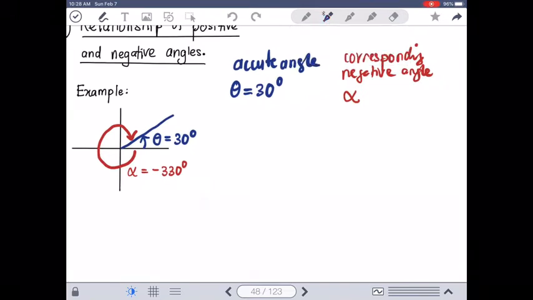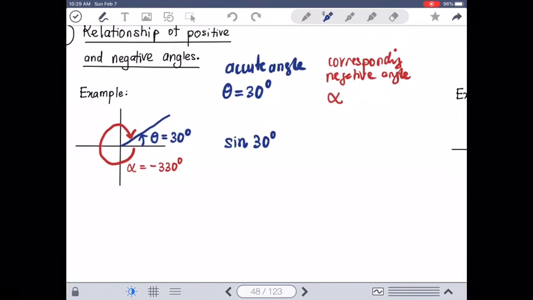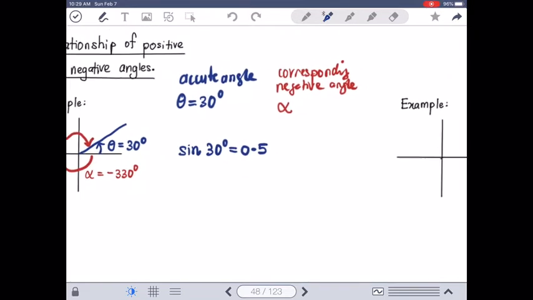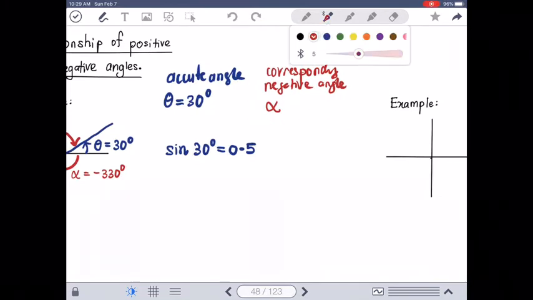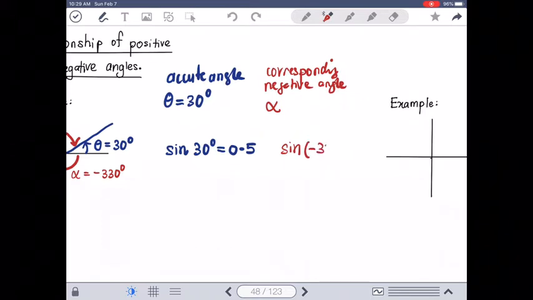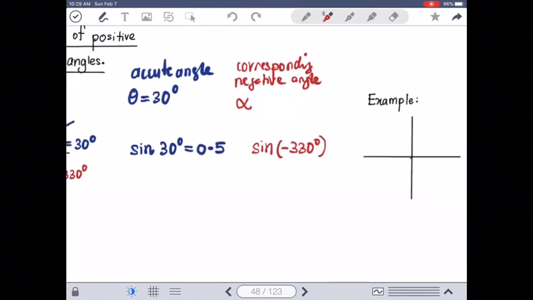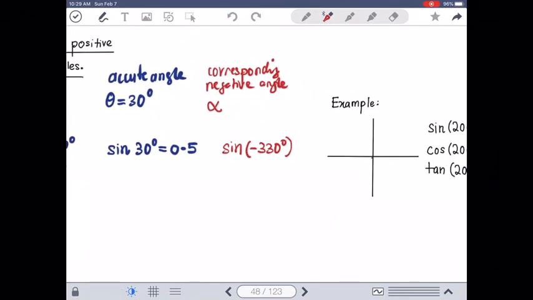Now take your calculator and find the value of sine 30 degrees. If you press your calculator, you will get 0.5. How about sine negative 330 degrees, which is just the corresponding negative angle of 30 degrees?